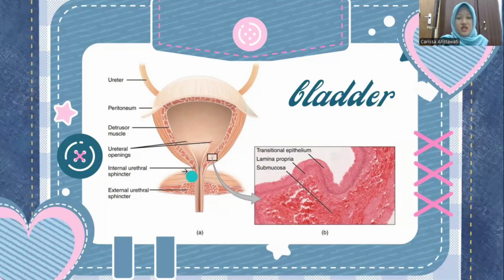The muscle in the bladder, the detrusor muscle, will contract to push the urine inside the bladder downwards towards this urethra, while these sphincter muscles will relax to allow the urethra to open.